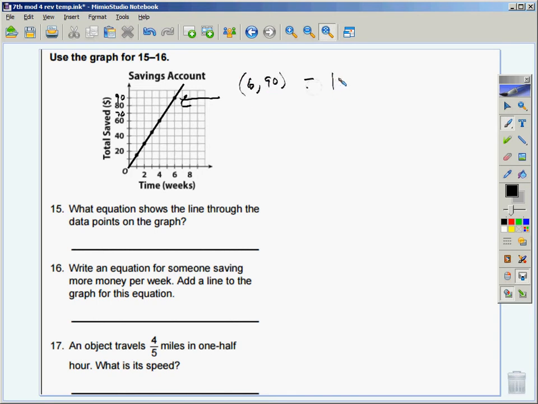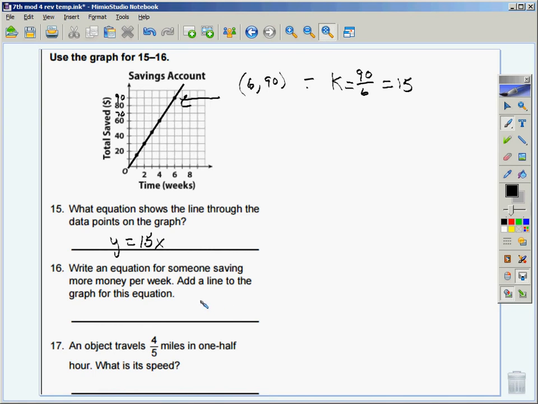To find K, it would be 90 divided by 6, which is 15. What equation shows the line through the data and the points? Y equals 15x.